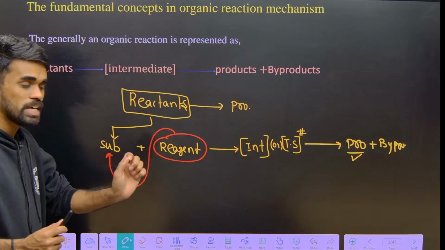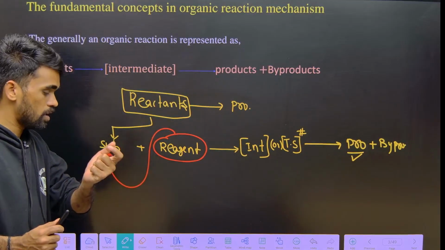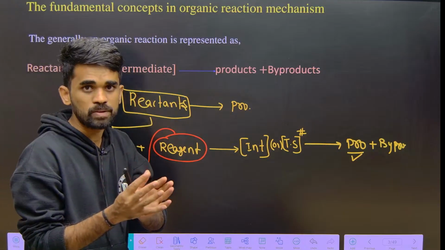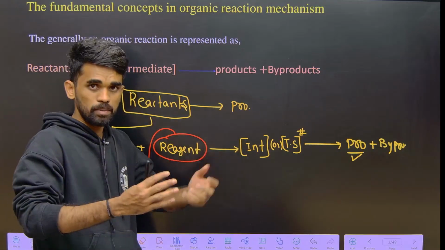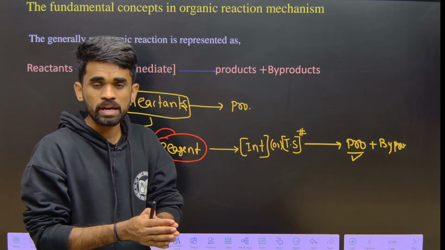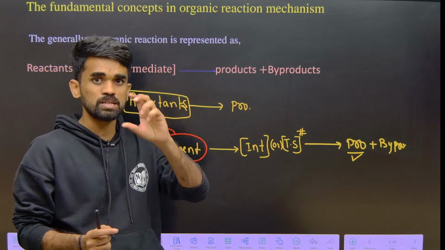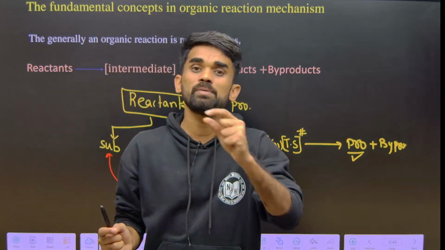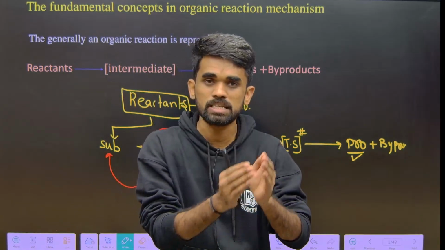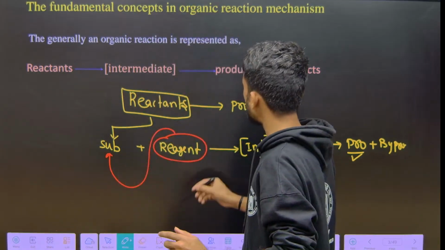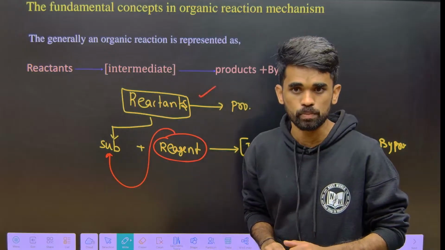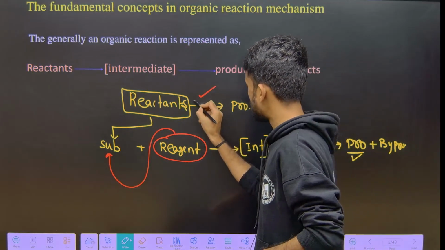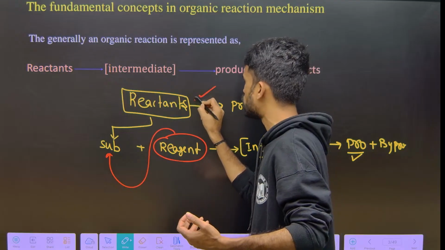During the reaction we use some specific conditions in order to get the product in major quantities. Some reactions are favorable at a particular temperature and pressure, which will be mentioned over the arrow mark, such as room temperature or 25 degrees Celsius.